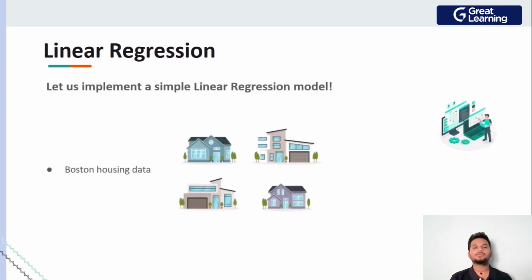So what we are going to do is we're going to head to Google Colab. We're going to practically check out how we can implement a simple linear regression model by using a very popular data set. It is the Boston housing data set, right? Now, with this data set, what we're trying to do is, this consists of all the details of the houses in a locality in Boston.